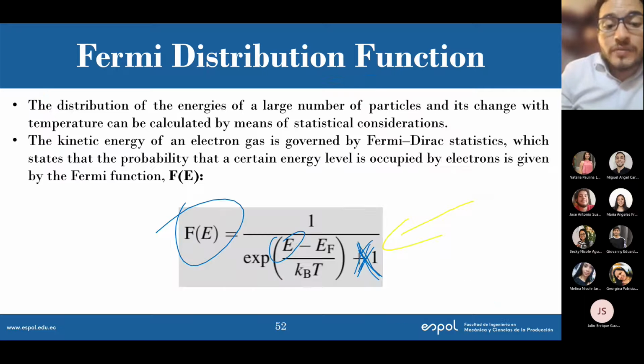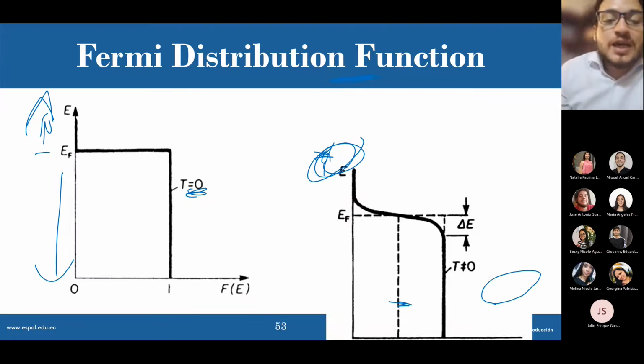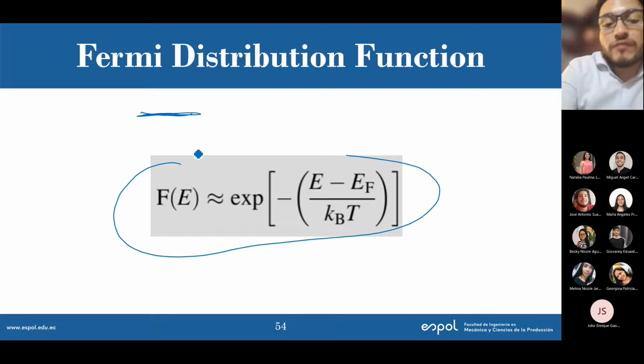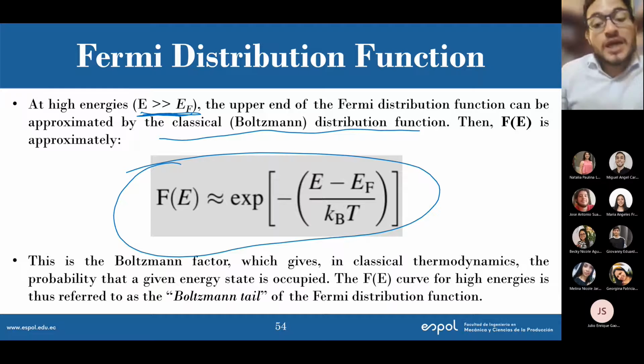This plus one term is meaningless because this is an exponential term, so it is going to be huge. Plus one is basically nonsense. So I can get rid of that plus one, and my Fermi function becomes this. Well, this is called the classical Boltzmann distribution.